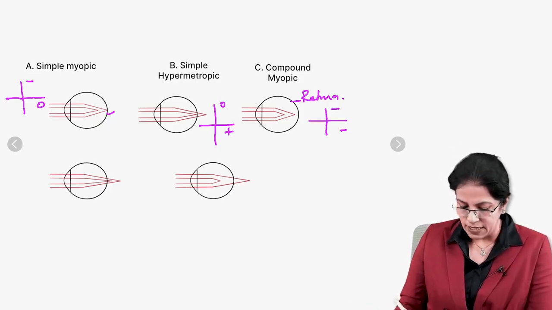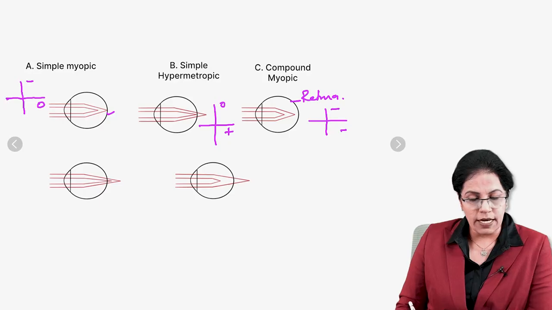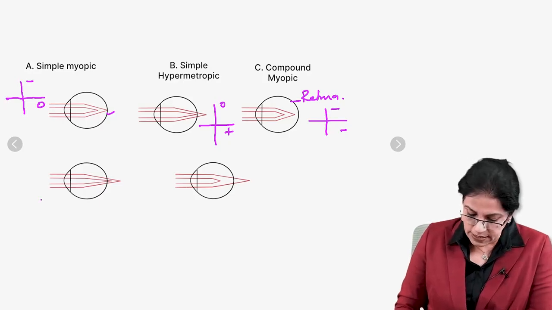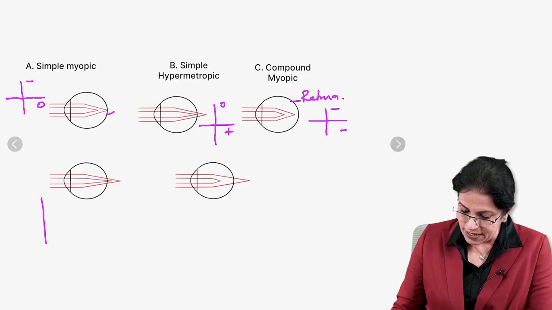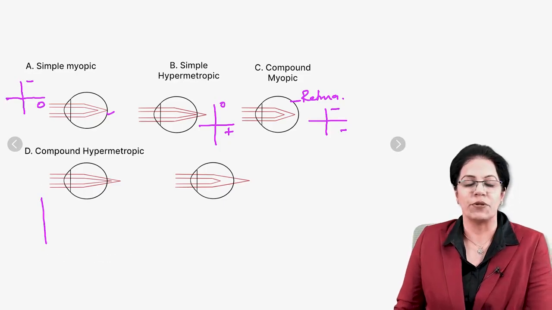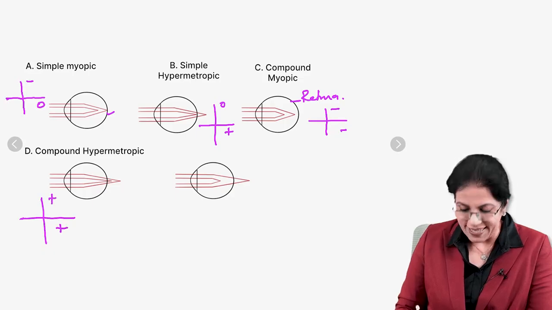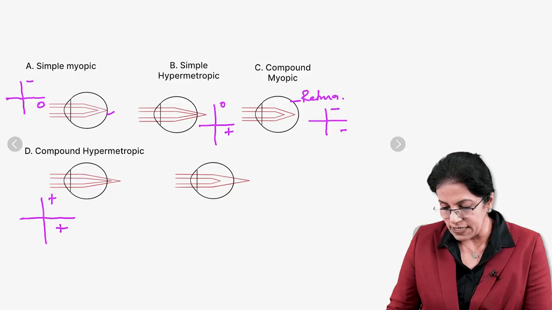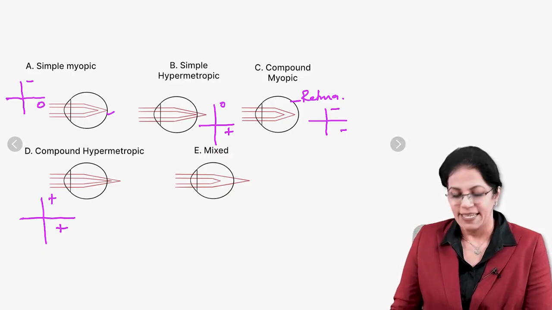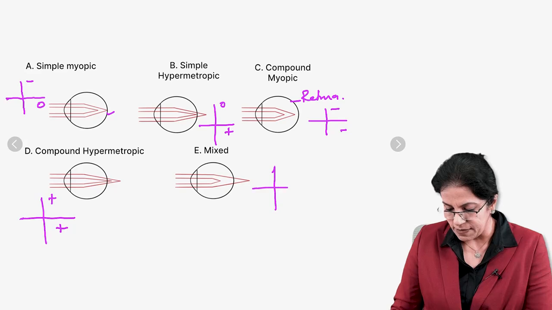Then we talk about when both the axes are behind the retina. This is your compound hypermetropic. How will I depict it? Both are plus. And if one is in front and one is behind, this is mixed astigmatism. One is plus, one is minus.